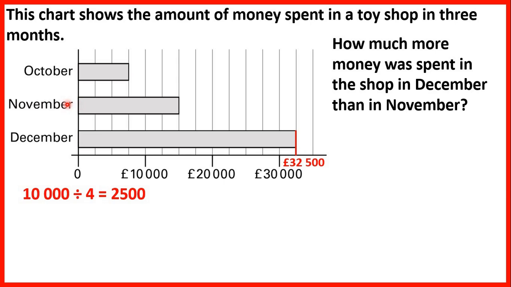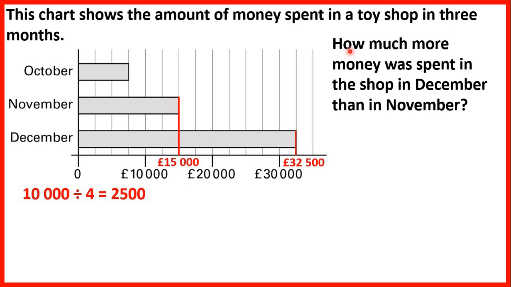And then if we go to the end of our November bar and draw a line down, that's two lines after 10,000. So we'll have 12,500 and then £15,000. You can see 15,000 right in the middle of 10,000 and 20,000.